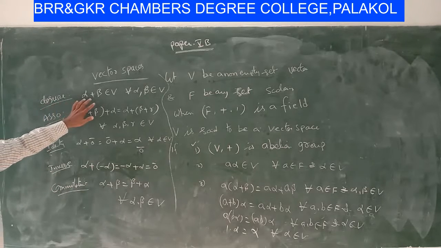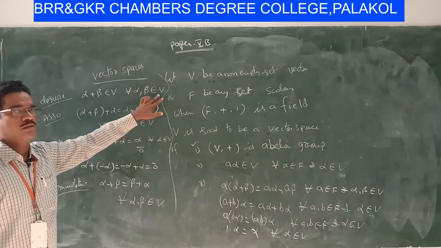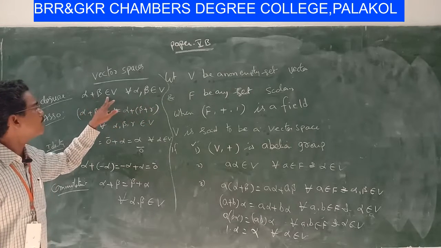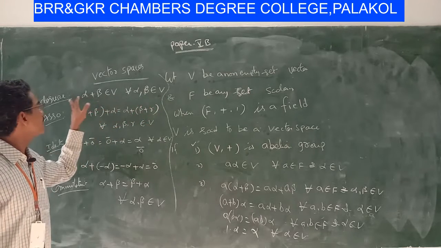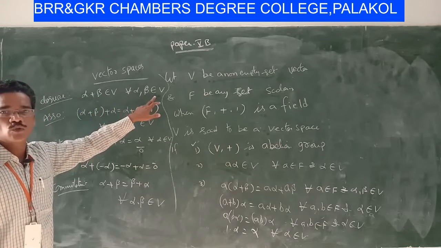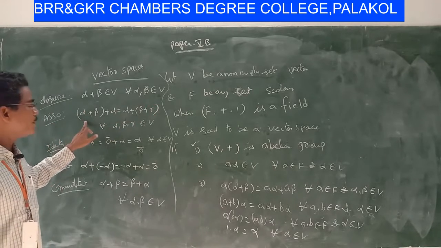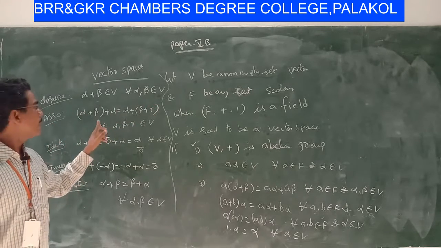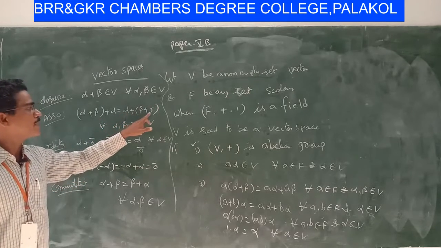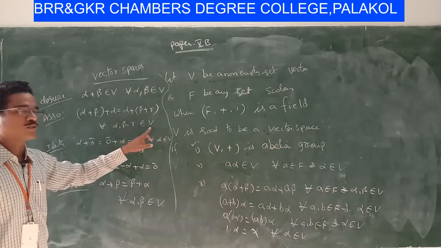Alpha and beta are two vectors, then alpha plus beta belongs to V. So finally closure is alpha plus beta belongs to V for all alpha, beta belongs to V. Second one is associative. Associative means alpha plus beta plus gamma equal to alpha plus of beta plus gamma for all alpha, beta, gamma belongs to V.